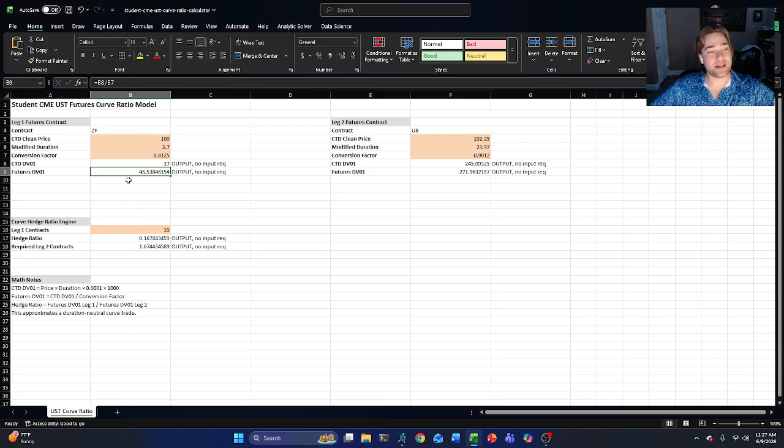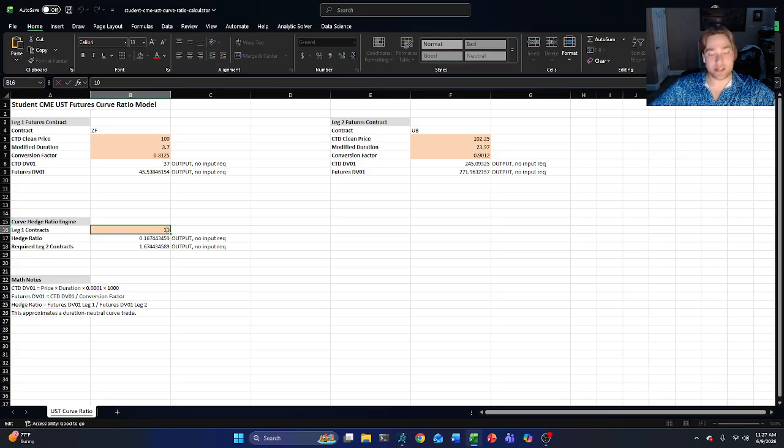So in this hypothetical example, your DV01 or profit and loss for 1 basis point change in the rates is 45 for the 5-year and 271 for the 30-year. That aligns with just the logic further out in time, longer duration, more exposure to rates.